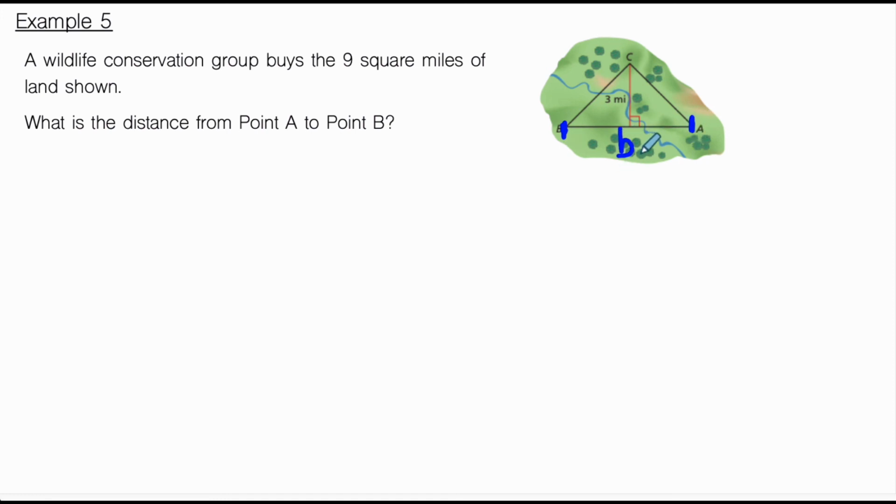Well, looking at this triangle, that seems to be like the base of a triangle. And they know that from this point here down to the line that's created between those points is 3 miles. So how many miles is it from A to B? Well, simple, wildlife conservation group, we can all solve that for you. We can use inverse operations, some basic algebra, and a dash of awesomeness to come up with a final answer.